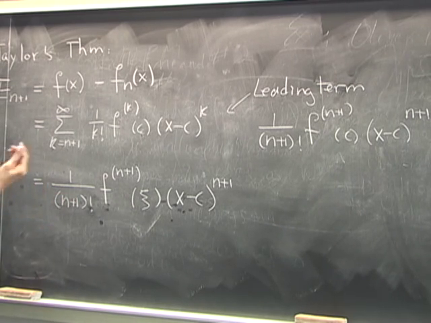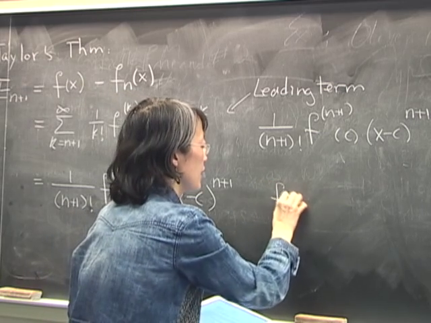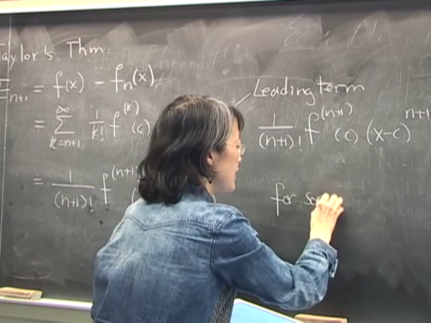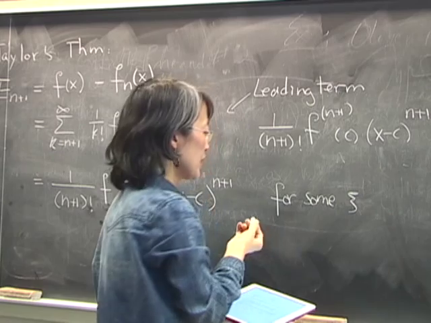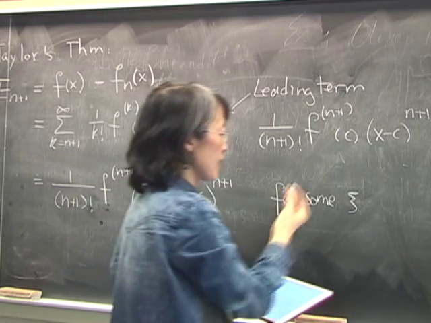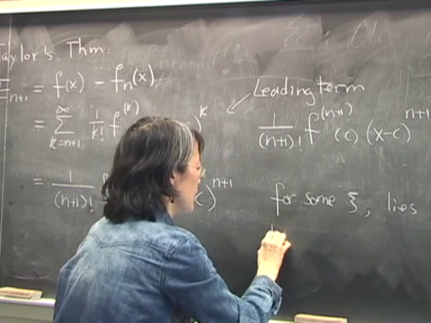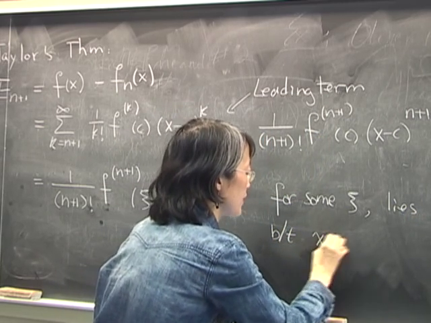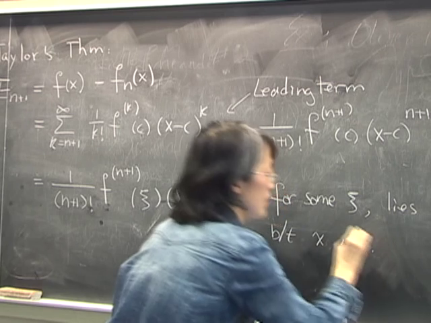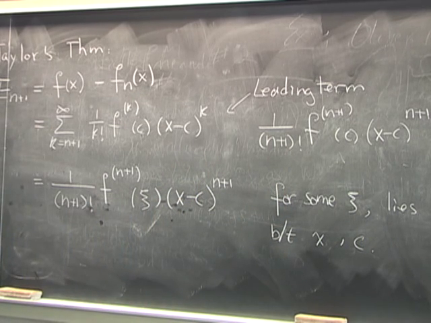What is the psi? There exists some psi. I might not know exactly where it is, but I know it exists, and it lies somewhere between x and c. It could be x or c, on that interval from x to c.